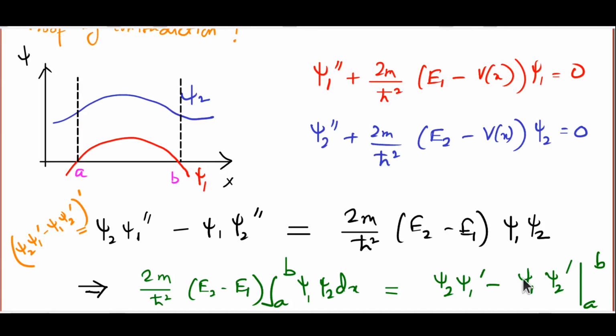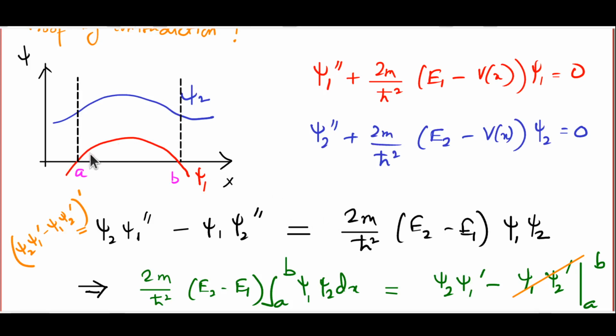The first thing to note about the right hand side is I don't need to worry about this term at all, because psi1 at A and psi1 at B are both 0, A and B being the nodes of psi1. So this term vanishes anyway. So we are only left with this term at B minus this term at A. Now psi2 at B and psi2 at A are both positive. But what about psi1 prime?